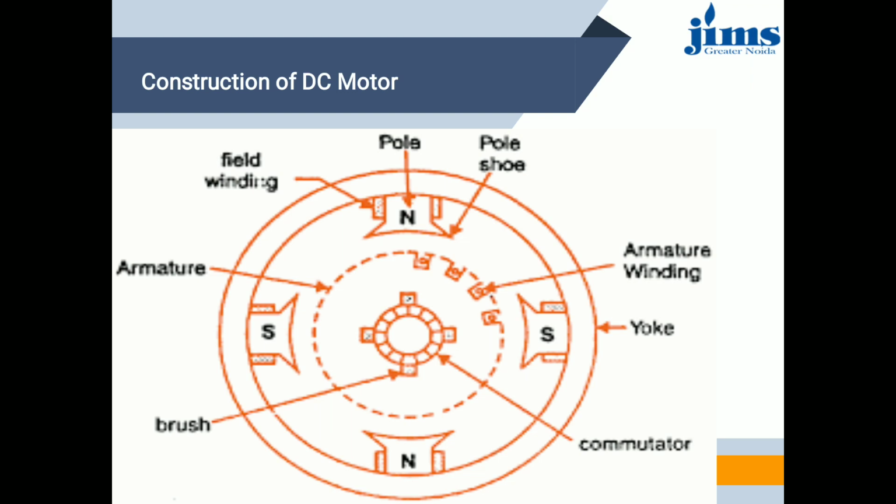In some machines, the yoke and pole cores are made in a single casting and laminated pole shoes are attached to the pole cores. The pole faces or pole shoes are always laminated to avoid heating and eddy current losses caused by the fluctuation in the flux distribution on the pole faces due to movement of armature slots and teeth.